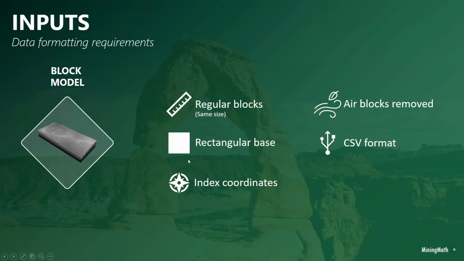In this case, the model is upside down. So ensure the IZ or K coordinate is starting upwards. This is mostly based on software conventions, so not a big issue at all. It's just to make sure the model is properly formatted in such cases.